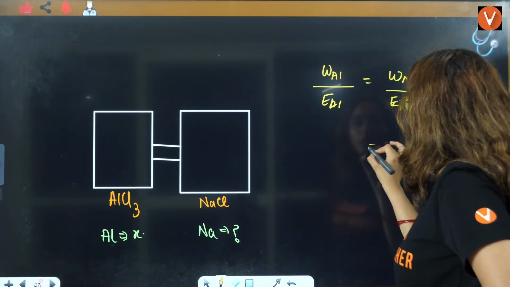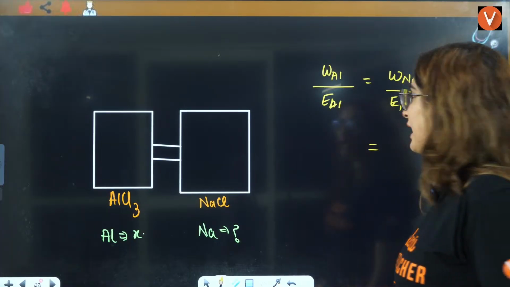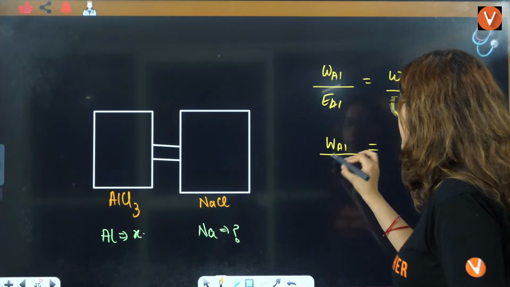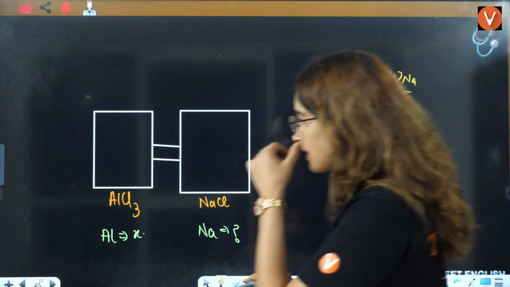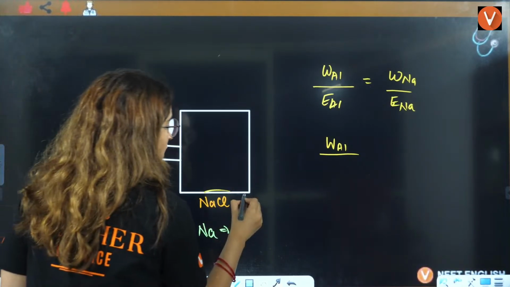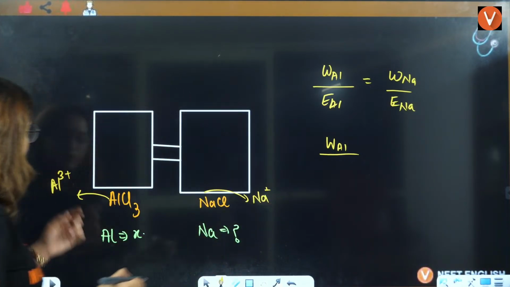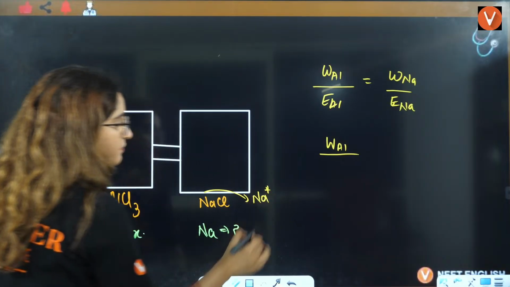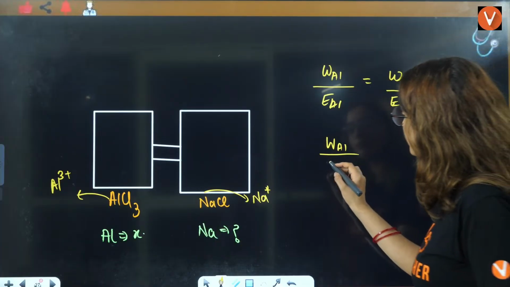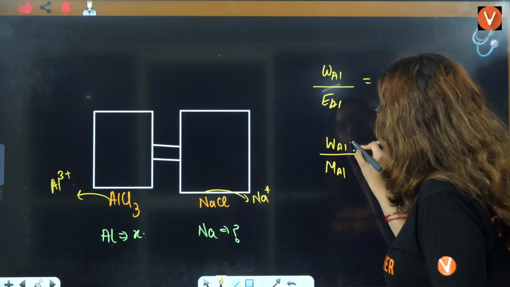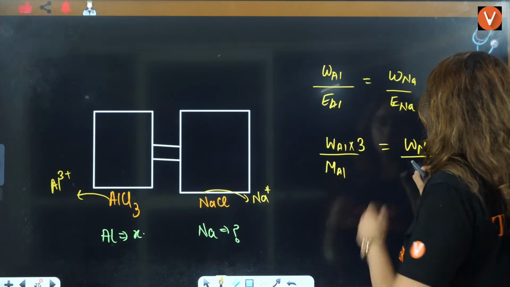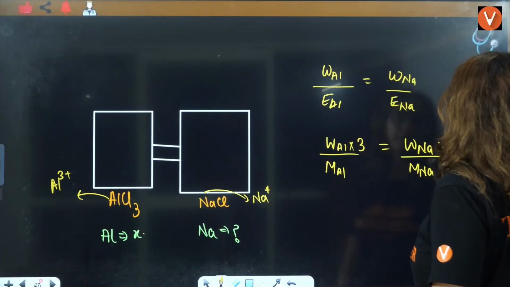If you see this, Al exists as Al3+ and Na exists as Na+. So here n factor is 3, here n factor is 1, because aluminium loses 3 electrons and sodium loses 1 electron. So the equivalent weight is molar weight of Al divided by 3, and molar weight of sodium divided by 1.